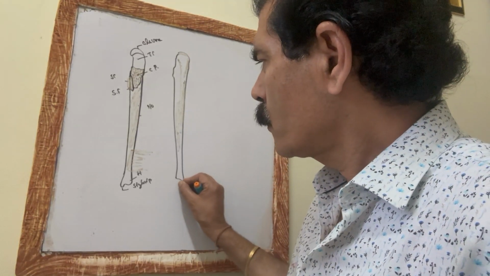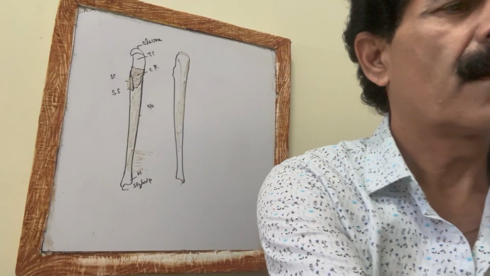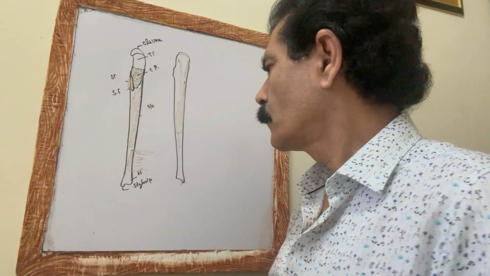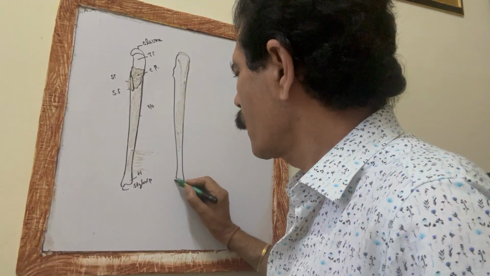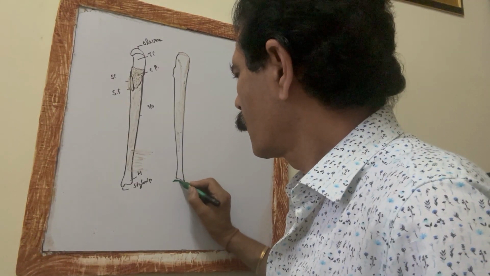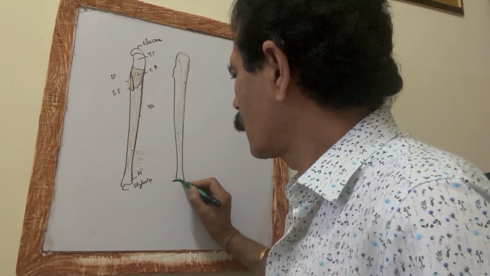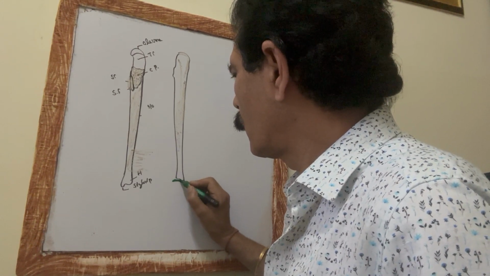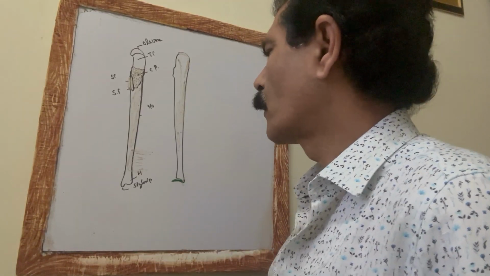And the styloid process of the ulna below gives rise to the attachment of the fibrocartilaginous intra-articular disc of the radiocarpal wrist joint.